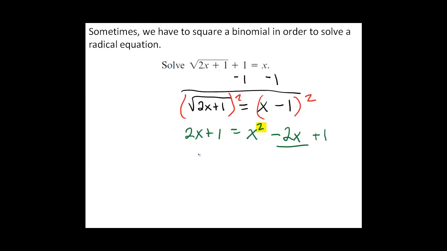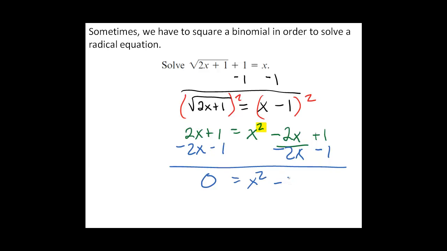We'll use blue now. I'm going to work toward quadraticness, so let's see what happens. First I'm going to subtract this from both sides and this from both sides. And that'll be 0, and that'll be x squared minus 4x equals, oh, and that's 0.